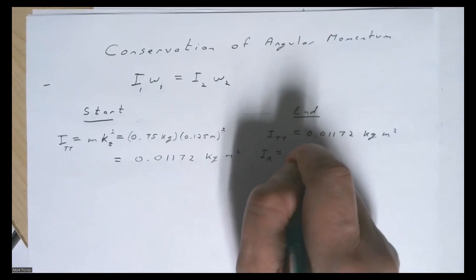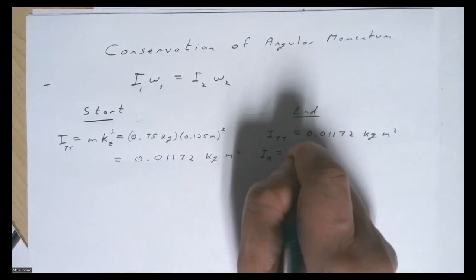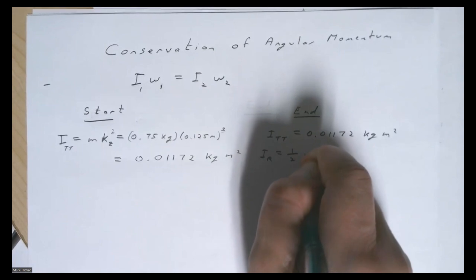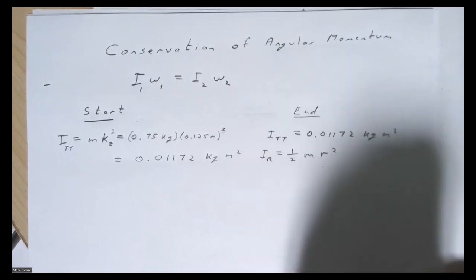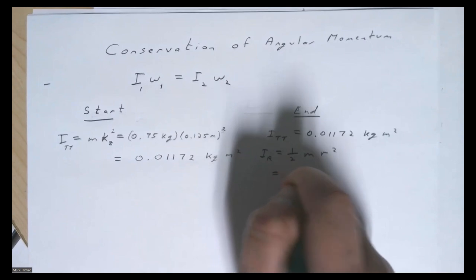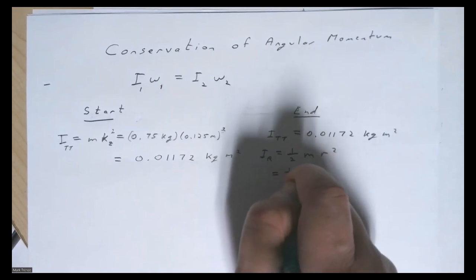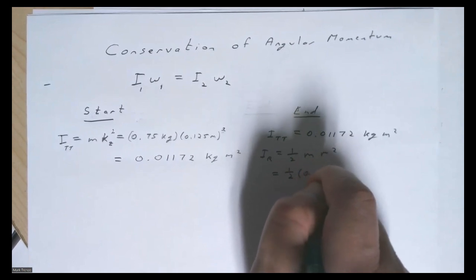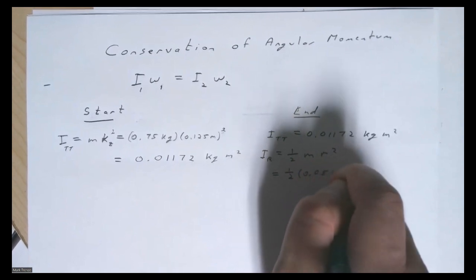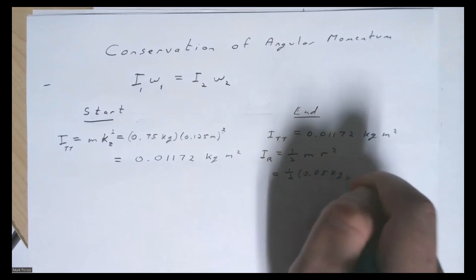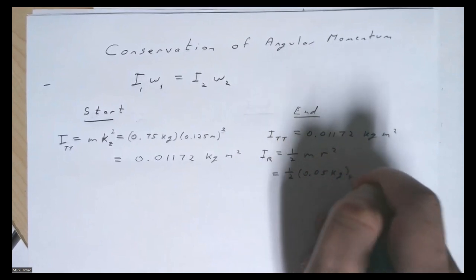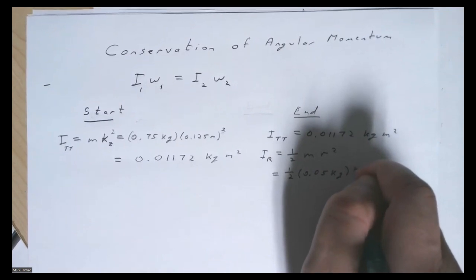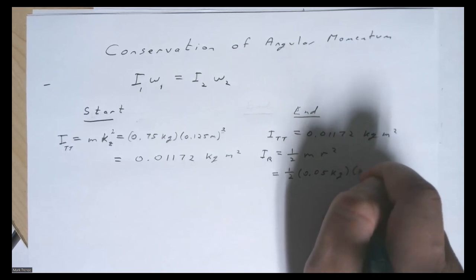And so for that, because we're not given a radius of gyration, we're going to have to use our normal 1/2 mr squared. And that's going to be equal to 1/2 times the record, which was 0.05 kilograms, and its radius, according to the picture there, is 150 millimeters.